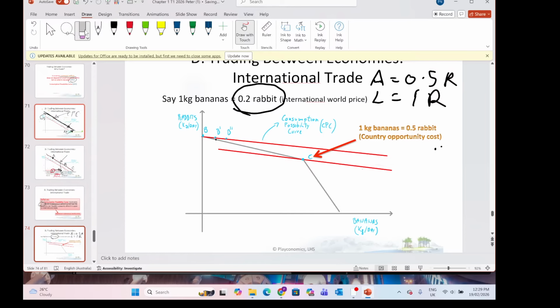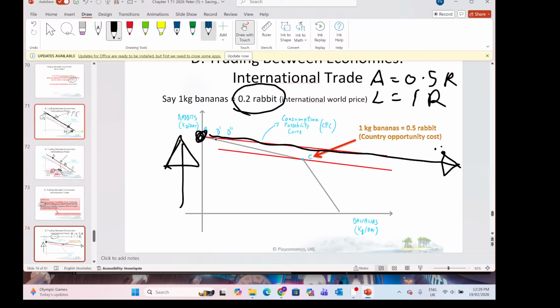Well, we know that we could produce this many rabbits, and because bananas are so cheap, this very low opportunity cost and this very flat line represents a really cheap price for bananas. So although Alberto is better than Leo at producing bananas, he's not better than the rest of the world.